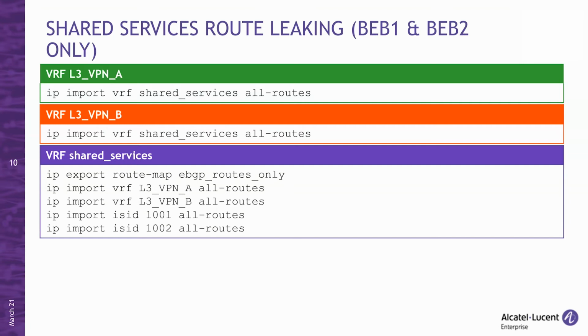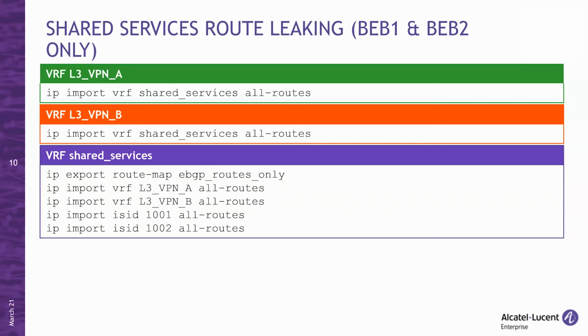Normally, eBGP routes are preferred over iBGP routes, but when both of those are exported and imported, they both simply become imported routes with the same preference, and so we can't tell them apart. Also, there is no reason to re-advertise the routes we learned through iBGP because the other BEB will do that itself.